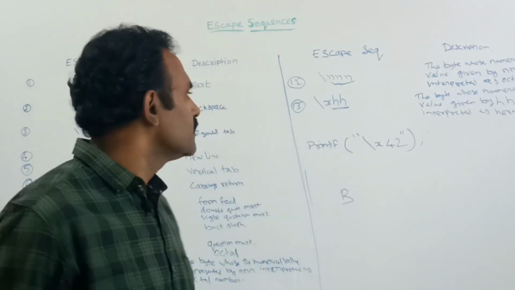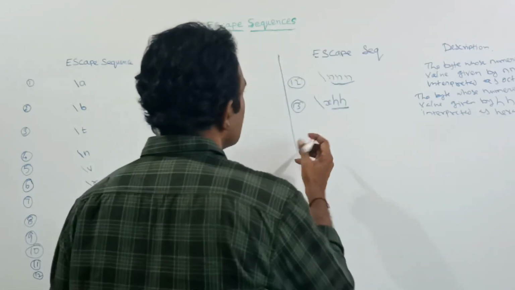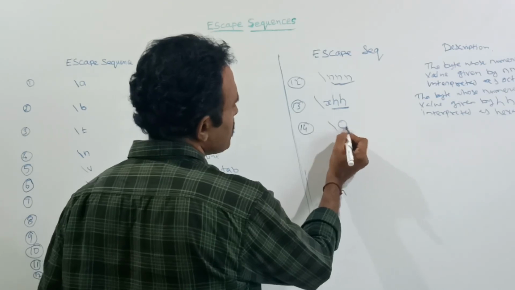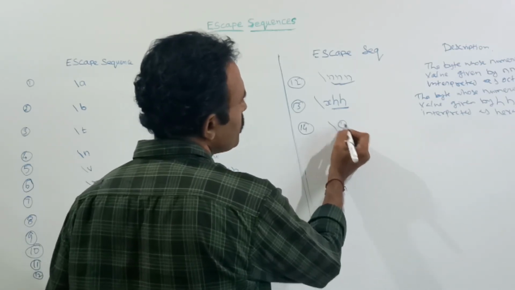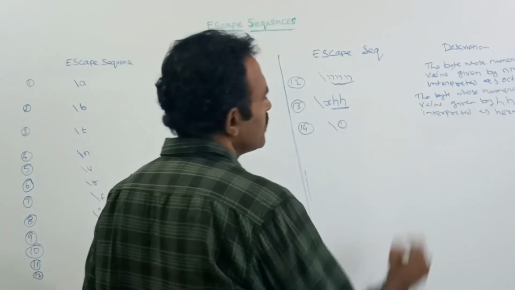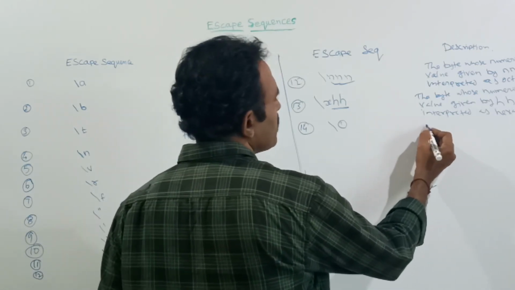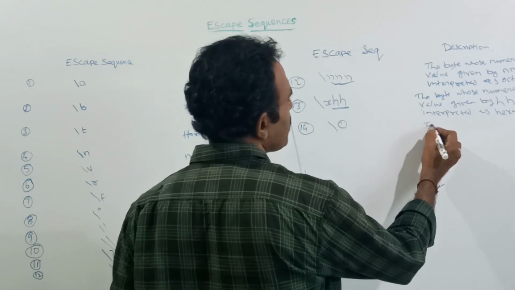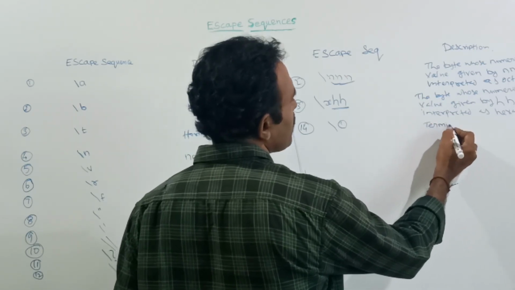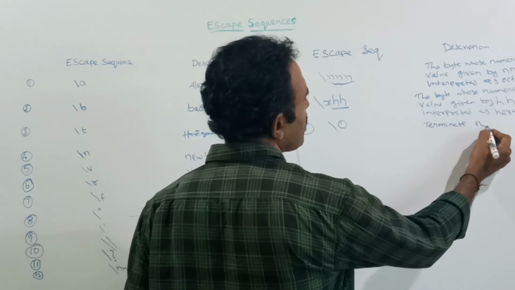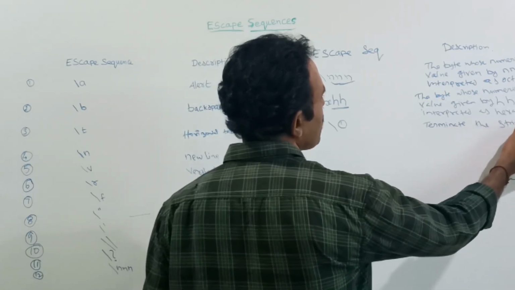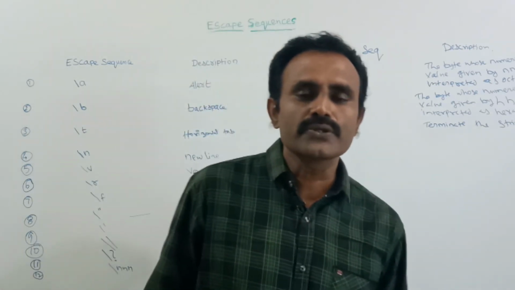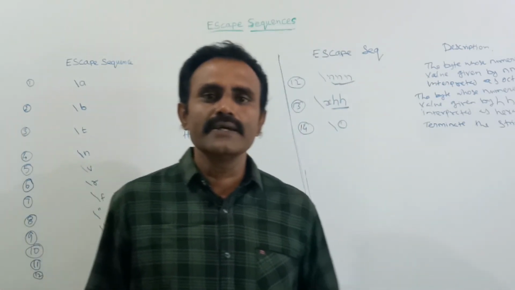And the next one, slash 0. It terminates the string. See, the slash 0 is used to terminate the string.